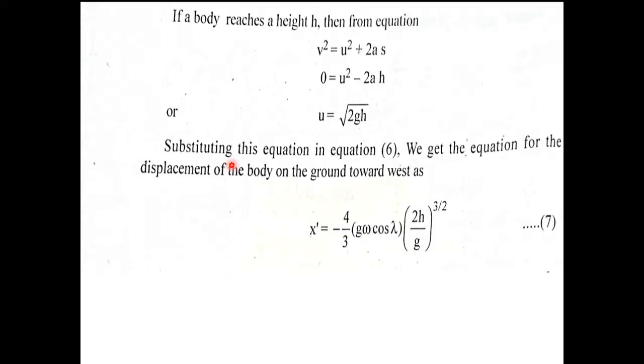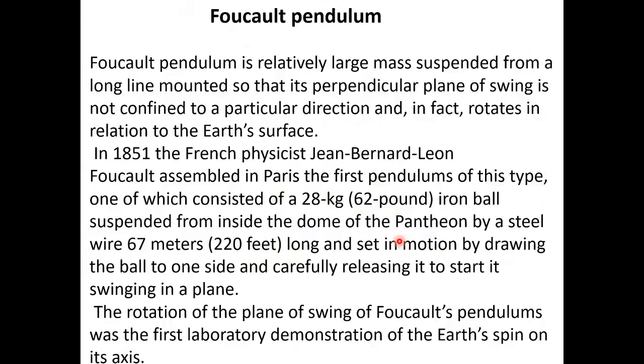By putting this value in the equation defining x', we get the equation for the displacement of the body on the ground towards the west as x' = -4/3 omega cos lambda (2h by g) power 3 by 2. This is the value of the displacement.